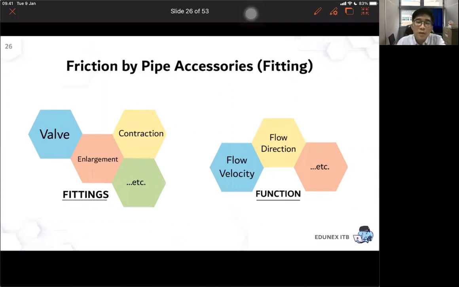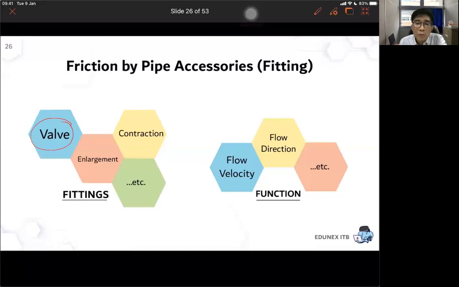So fitting or pipe accessories, basically all the devices or equipment that we put in between of a piping system. So the example is valve. You know the valve, right?